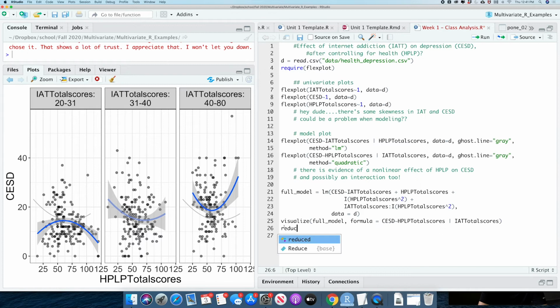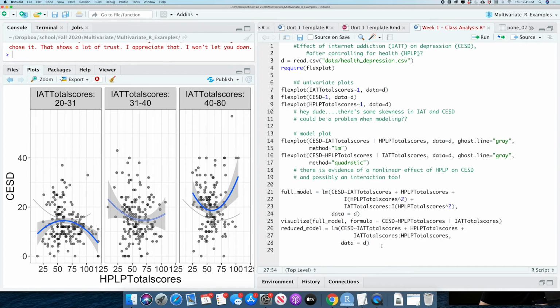So we're going to create a model called the reduced_model, and that is equal to LM, and this time I'm just going to copy and paste that just to save myself the effort, but now I'm going to remove all the polynomial terms, and instead I'm just going to add a simple interaction, IAT total scores colon HPLP total scores.